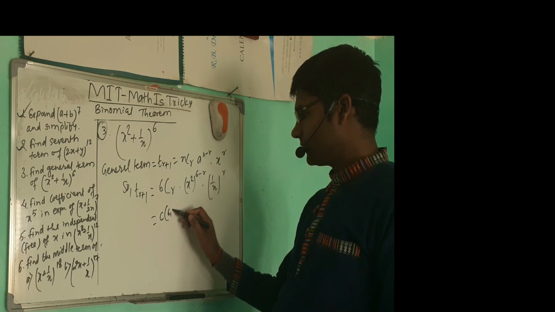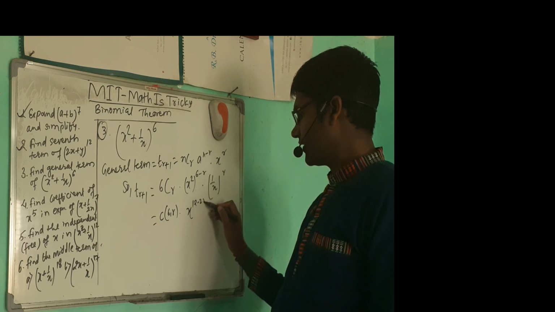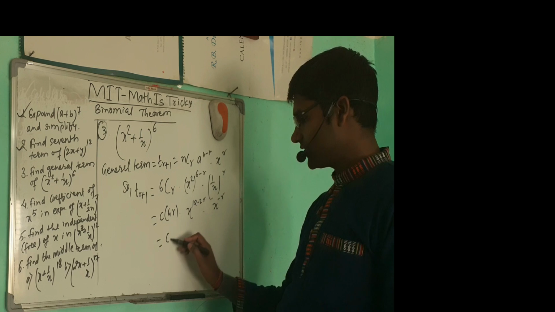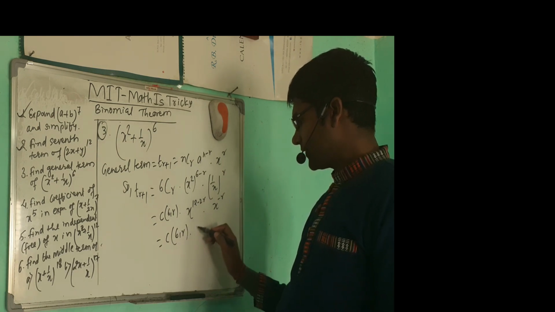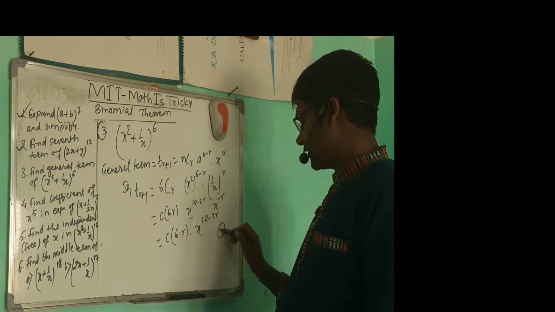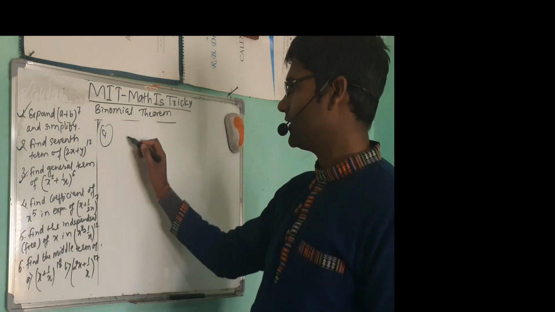C(6,r) times x^(12 minus 2r), and then x^(minus r). So that will be getting C(6,r) x^(12 minus 3r). This is our general term.